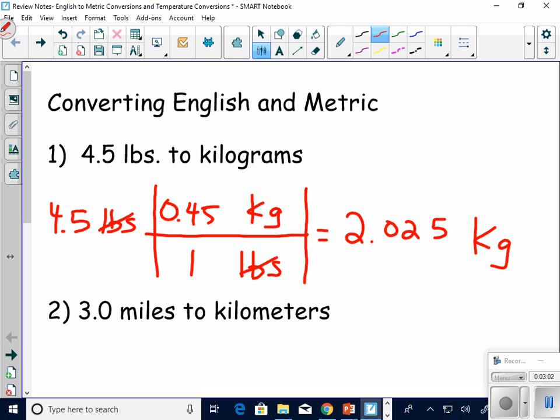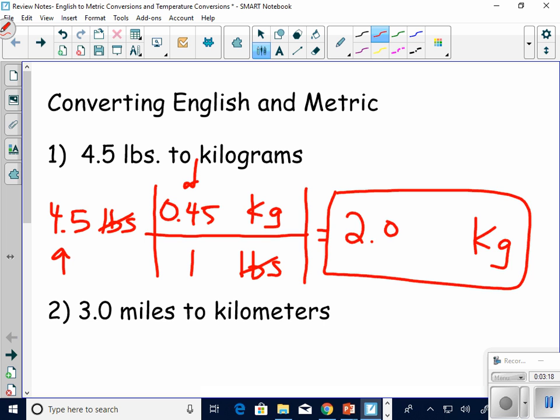So I have right here 2 sig figs. Right here I have 2 sig figs. So I've got to make my value 2 sig figs. So that 2 doesn't round that 0. So my correct answer for this is going to be 2.0 kilograms.